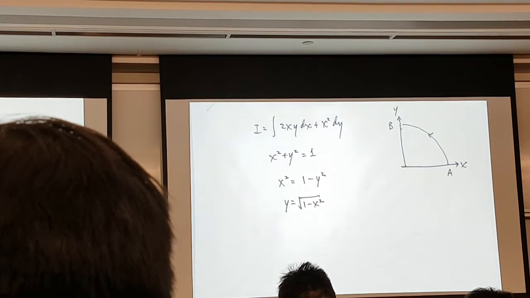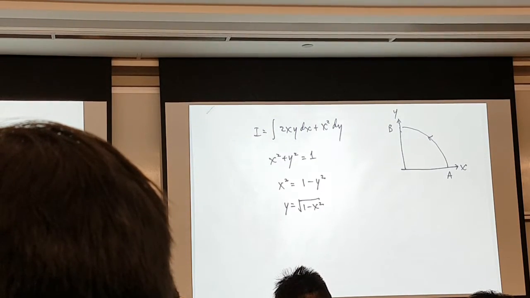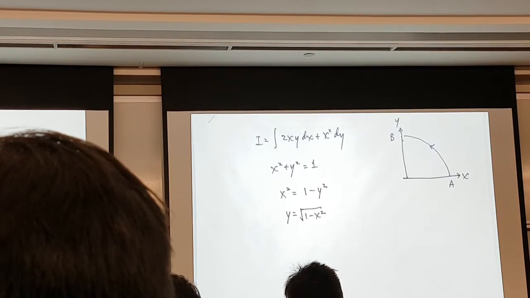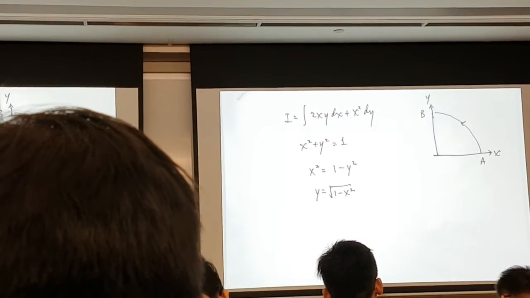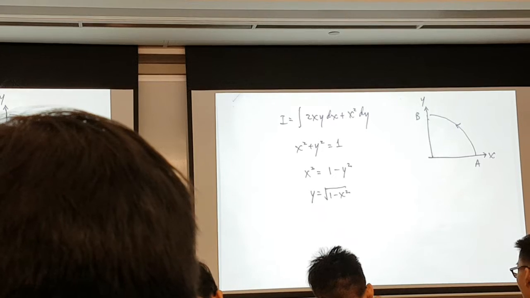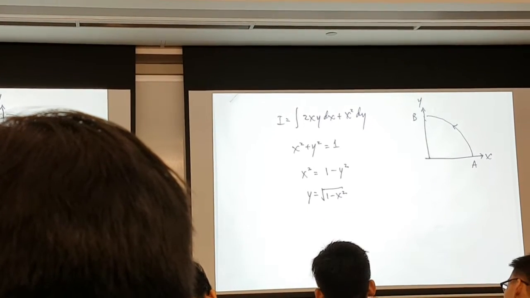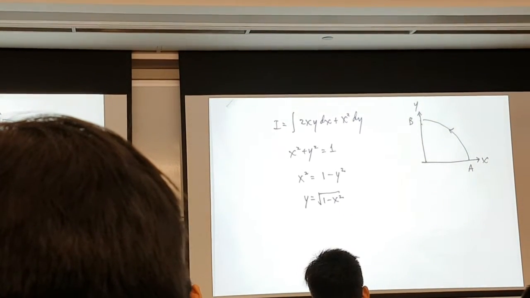If we follow what the question asks us to do, integrating with respect to x for 2xy, and integrating with respect to y for x squared, we work through the question.